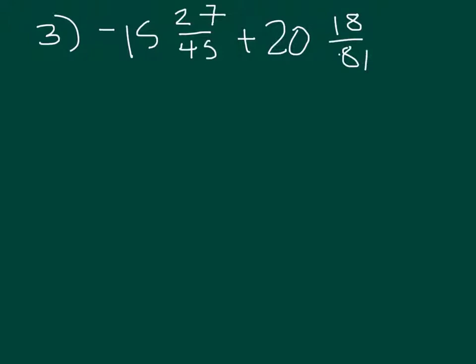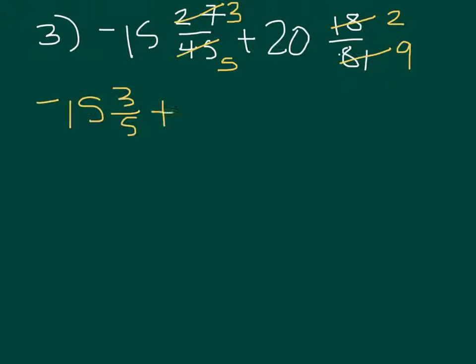The first thing that we need to do is, like in the other problems, reduce. Into 9, 3. Into 9, 5. Also this one can be reduced into 9. 2 into 9, 9. So my problem looks like this.